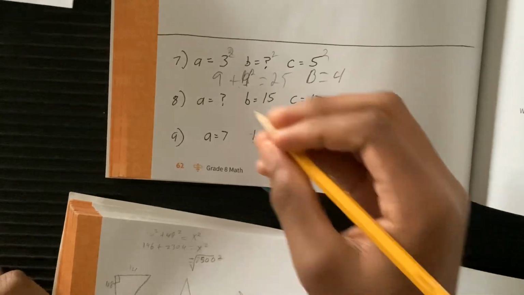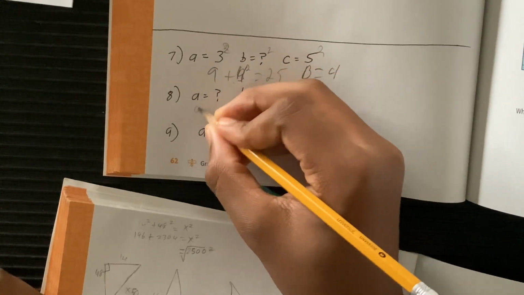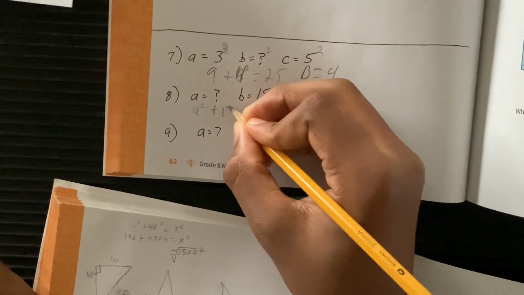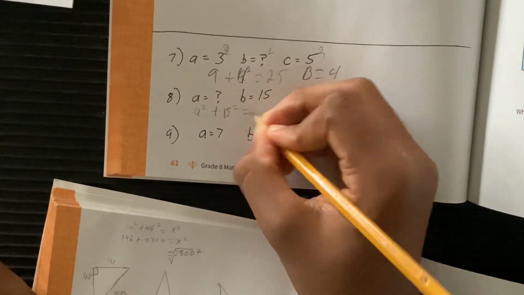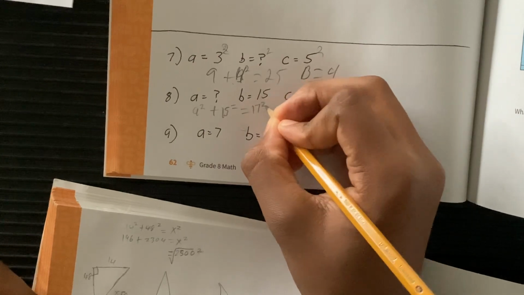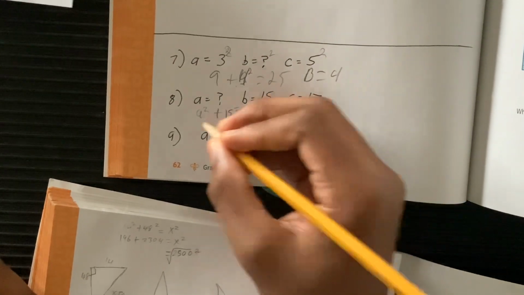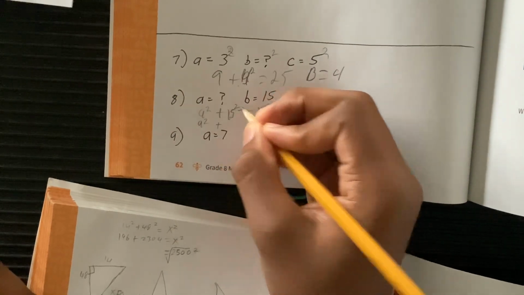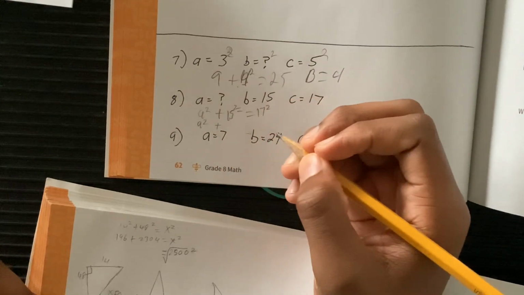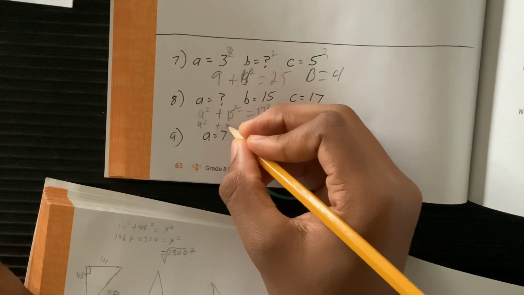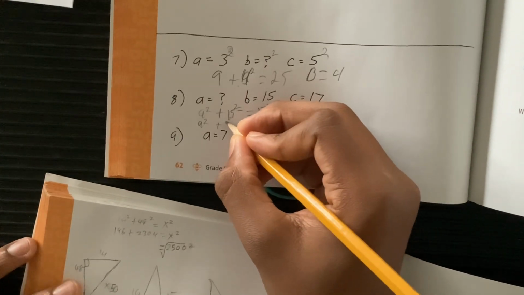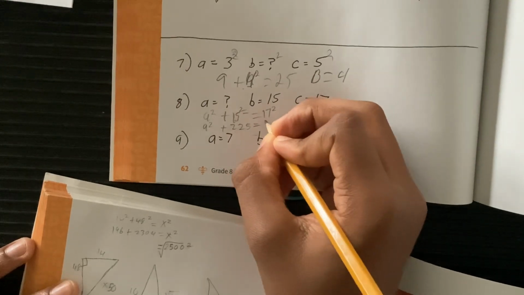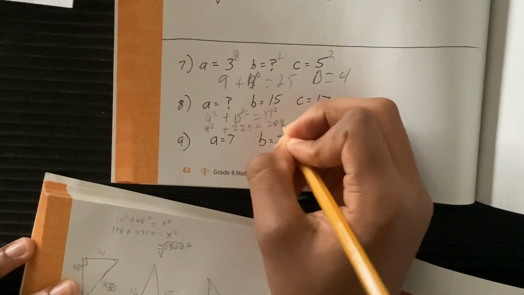Yeah. So a squared plus 15 squared equals 17 squared, which is a squared plus 225 equals 289.